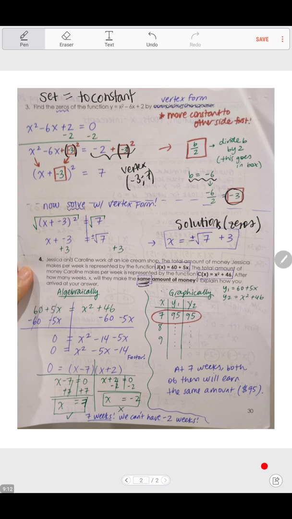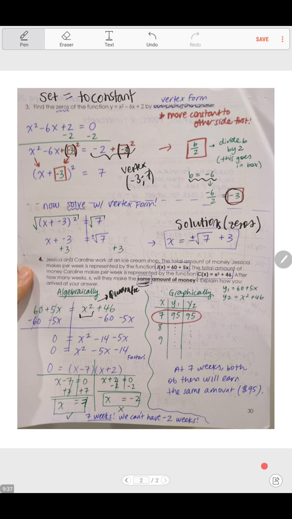So here, it didn't tell us whether to do it algebraically or graphically, so I'll show you both ways. Algebraically, we set the two equations equal to each other, and then we solve for x. In this case, I notice that it's a quadratic because of this x squared. In order to solve a quadratic equation, I can't just do inverse operations.